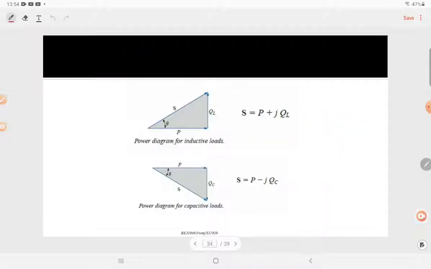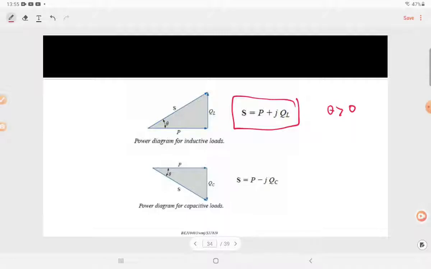Okay, this is the power triangle diagram. The first one is the power diagram for an inductive load. From what I told you, if your Q is larger than 0, we know that your load is an inductive load, right?